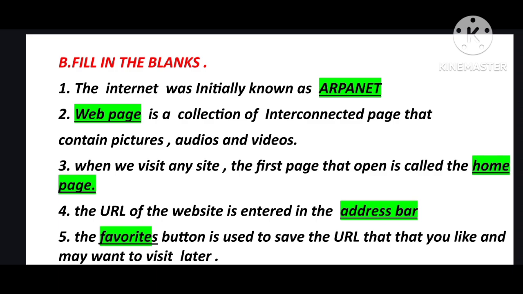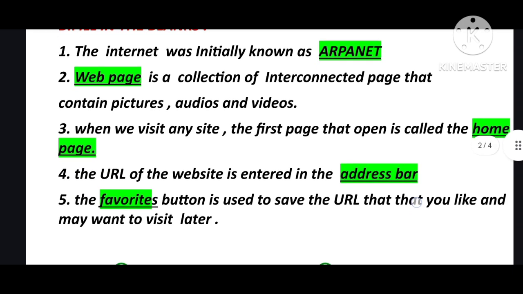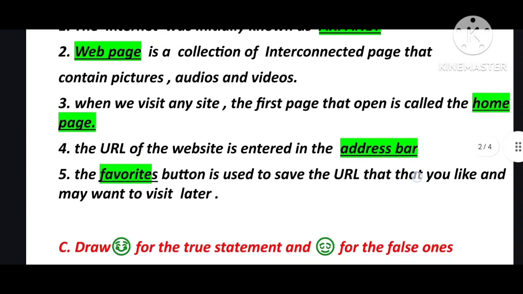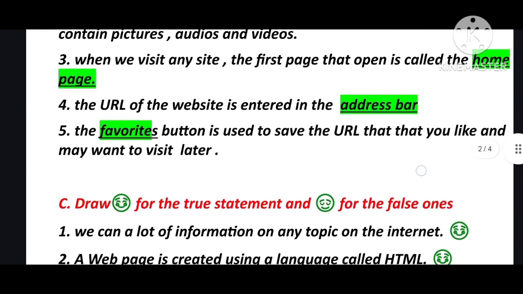The URL of the website is entered in the address bar. The favorite button is used to save the URL that you like to visit later. It helps us visit the same site again next time.